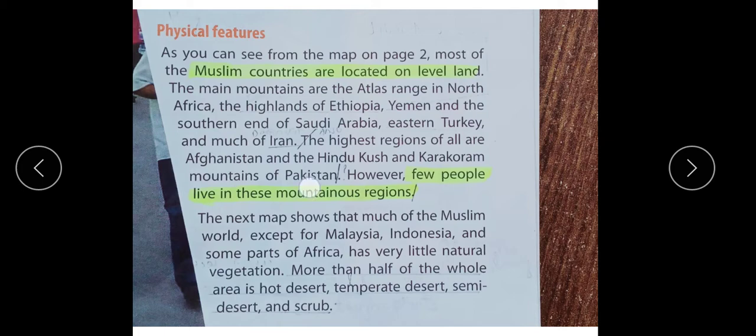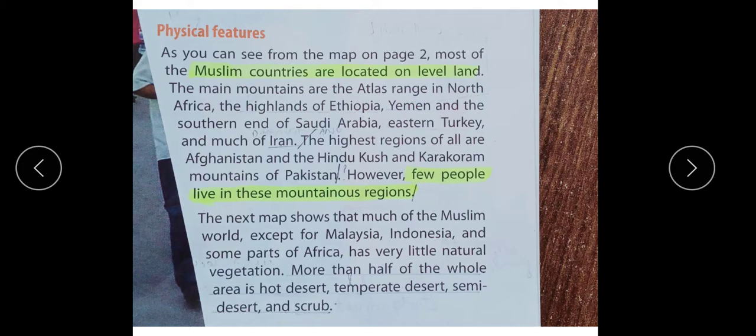Then in these lines they are saying that the highest region of all is Afghanistan and the Hindu Kush and Karakoram mountains of Pakistan. These areas are around 1000 meters high, and these areas are around 2000 or 3000 meters high.